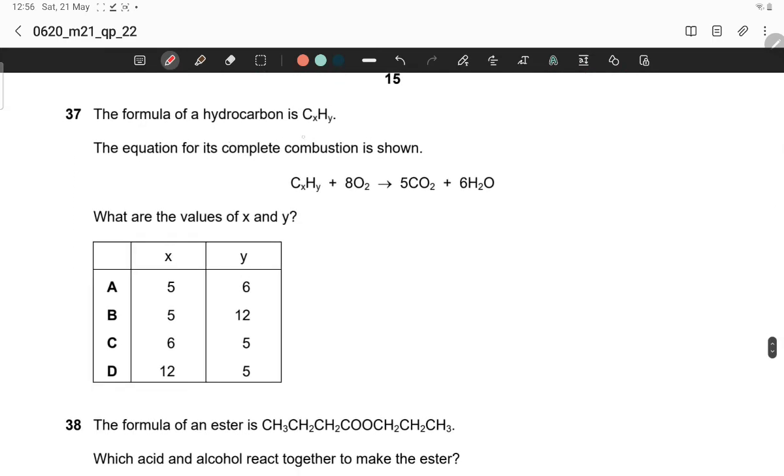The formula of a hydrocarbon is CxHy. The equation for its complete combustion is shown, giving 5CO2 and 6H2O.